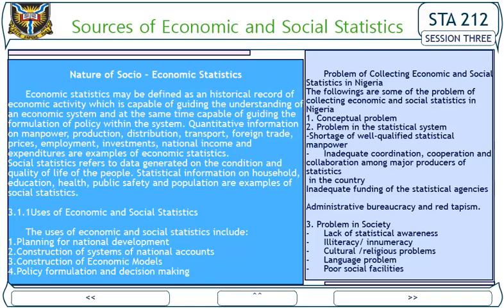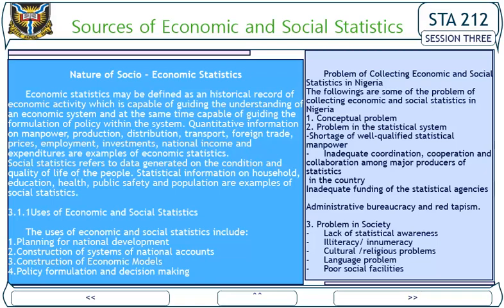Nature of socio-economic statistics. Economic statistics may be defined as an historical record of economic activity which is capable of guiding the understanding of an economic system and at the same time capable of guiding the formulation of policy within the system.